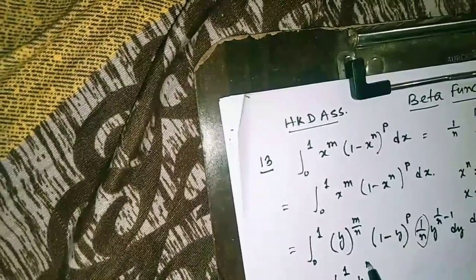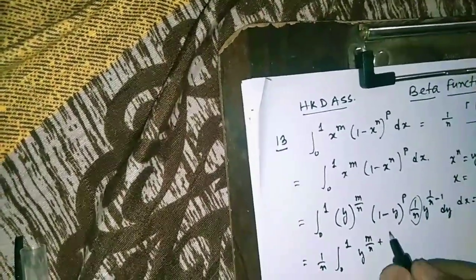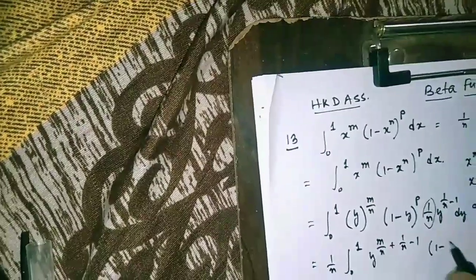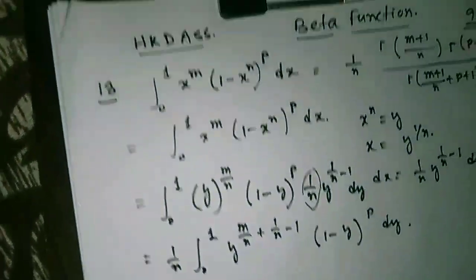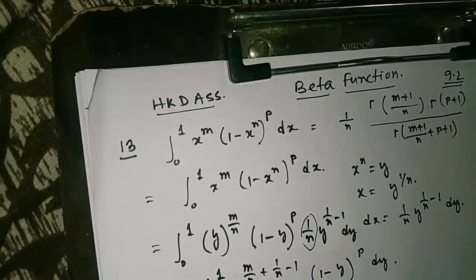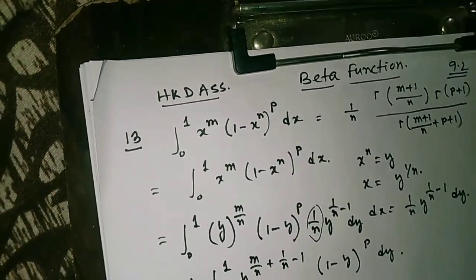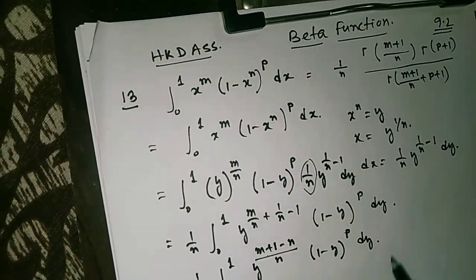Okay, clear. Now this 1 by n equal to constant term, so 1 by n, 0 to 1, y to the power m by n, y to the power 1 by n minus 1, into (1 minus y) whole to the power p into dy. Okay, clear. Now 1 by n, 0 to 1, y to the power (m plus 1 minus n) by n into (1 minus y) whole to the power p into dy.